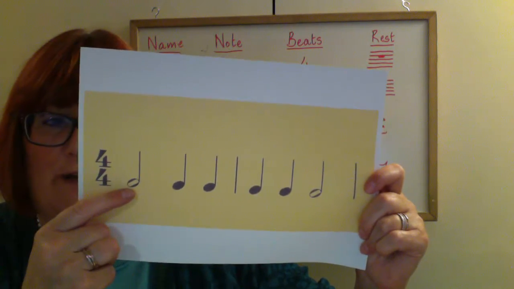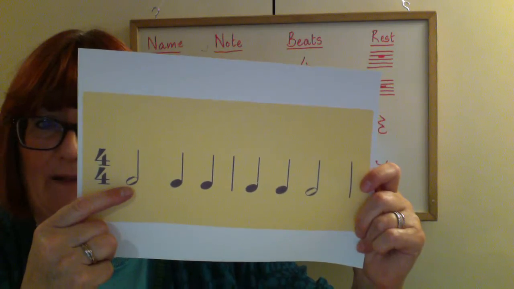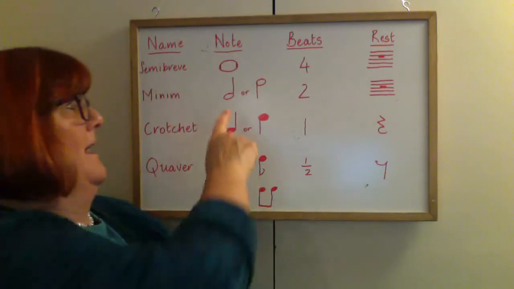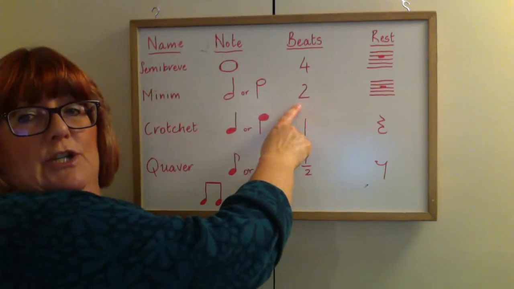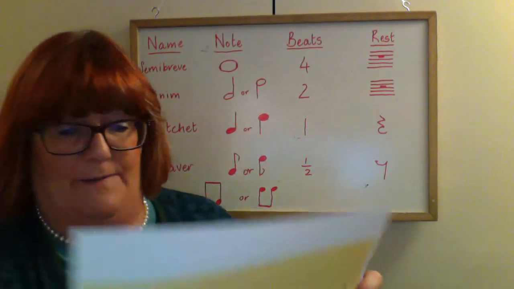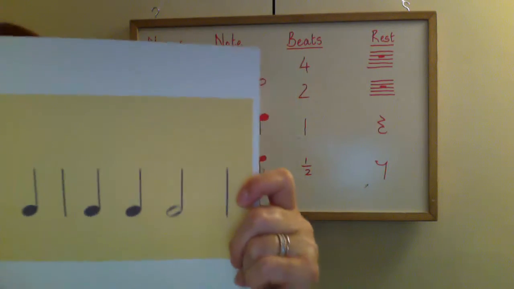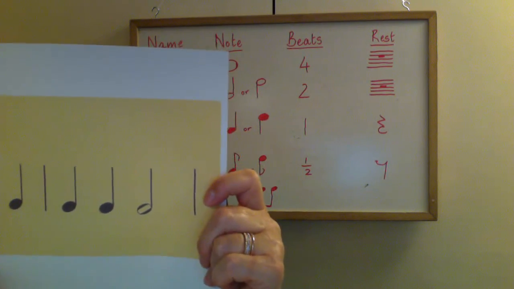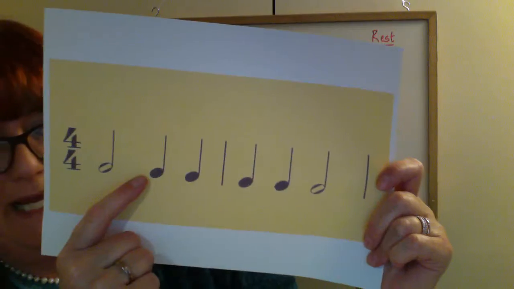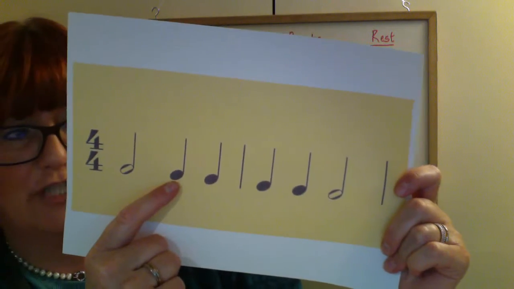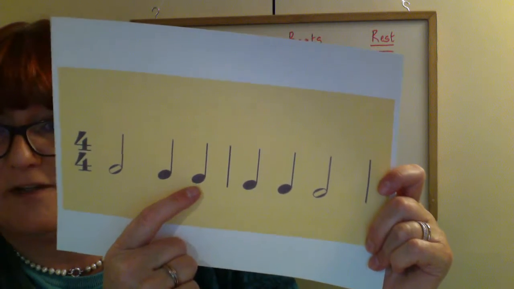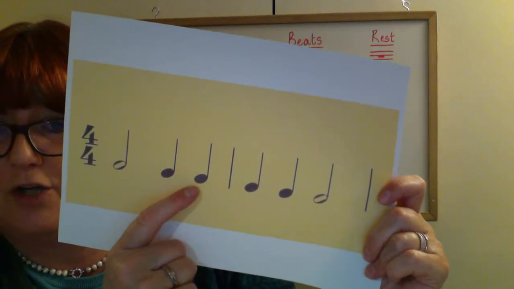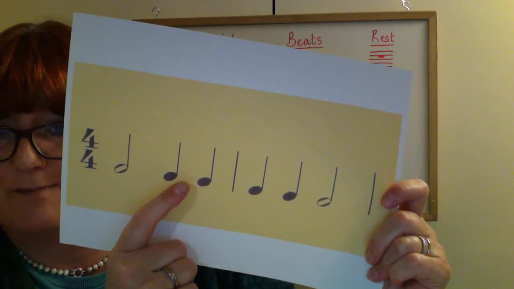So the first note in this bar is a minim. So it's worth how much? 2 beats. Well done. And then the second note in the bar is a crotchet. And the third note in the bar is a crotchet. Now notice I said third note. It is not the third beat.